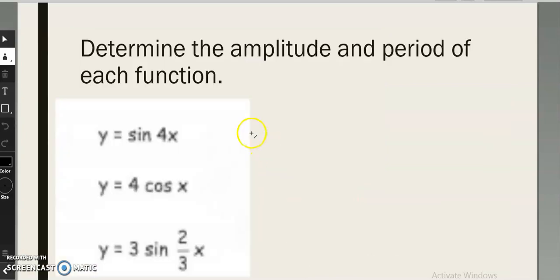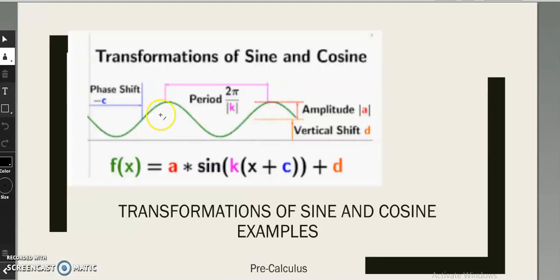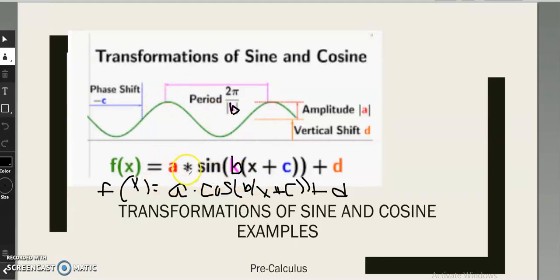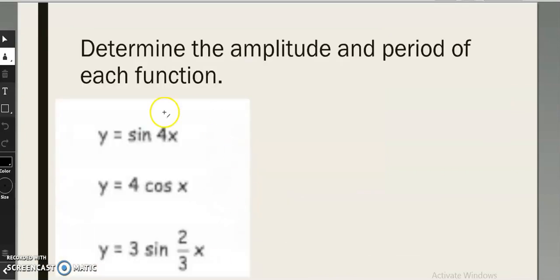So let's go on. It says determine the amplitude and period of each function. So this is just basically for an example, a couple of examples. Going back to the same exact formula here, we know that my coefficient here is my amplitude. So the amplitude for this, there's nothing there, we know it's 1.